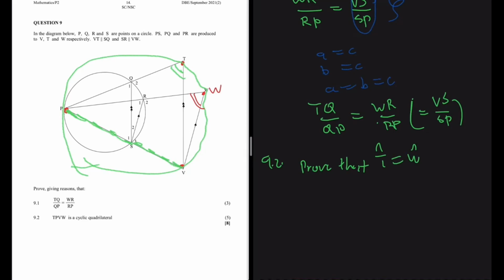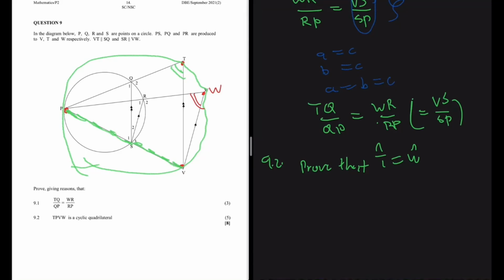Because if indeed it's a cyclic quadrilateral, then T and W should be equal to each other, because they will be subtended by the same chord PV. So let's find a way to connect T and W using the circle we already have and our parallel lines. Let's go back to the keywords again, because we agreed that for this question, we're only going to stick with the keywords, right?